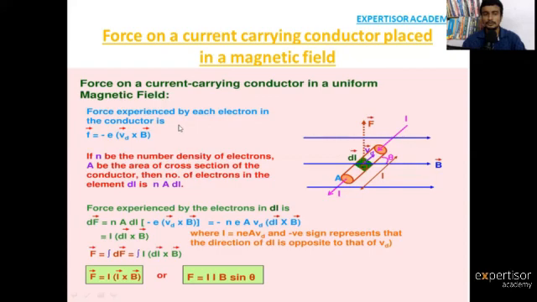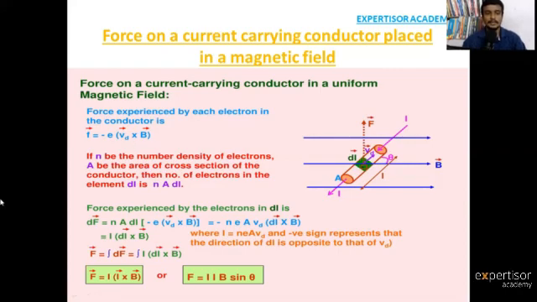This is the force experienced by a charged particle in a magnetic field. So F is equal to minus e Vd cross B, where Vd is the drift velocity. This is the vector form of the magnetic force experienced by each electron in the conductor in the magnetic field.